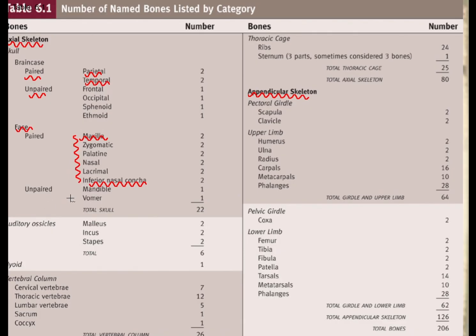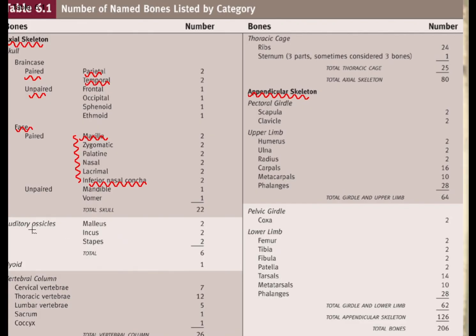And those that are unpaired are the mandible and vomer bone. These 2 bones are unpaired. So the total number of facial bones is 14. Now if we combine the facial bones and the skull bones, what will be the total? 22 bones are present in the skull.